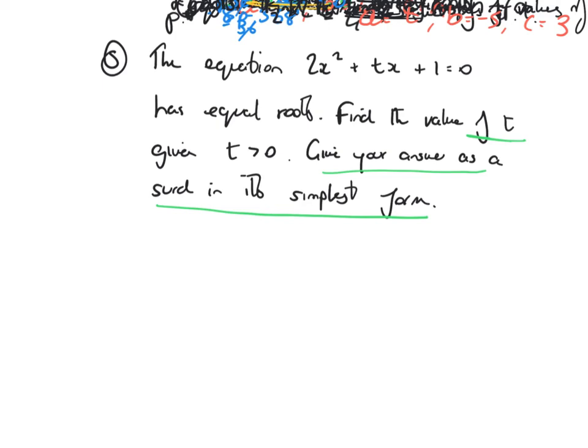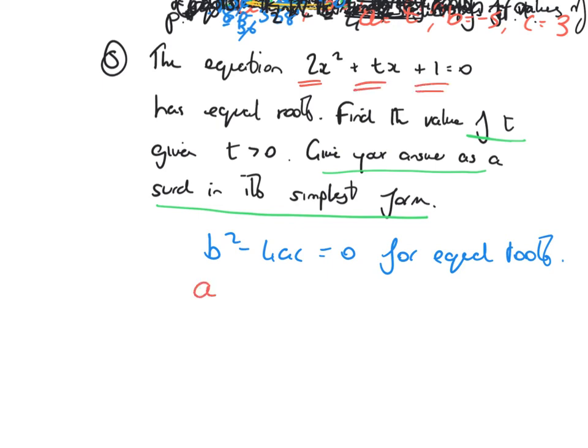Anyway, let's go with a statement which is for equal roots, b squared minus 4ac is equal to 0. Okay, so that's a communication point there that I want to communicate to the marker. Okay, let's now go through the routine of identifying a, b and c. So a is 2, b is t, c is 1.